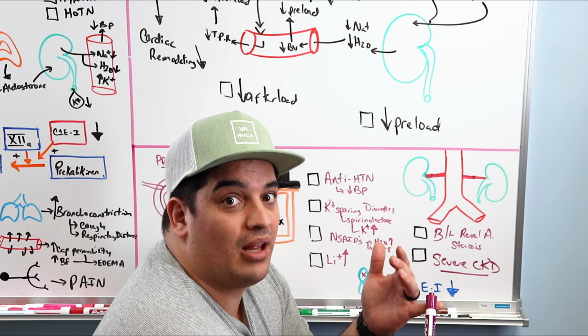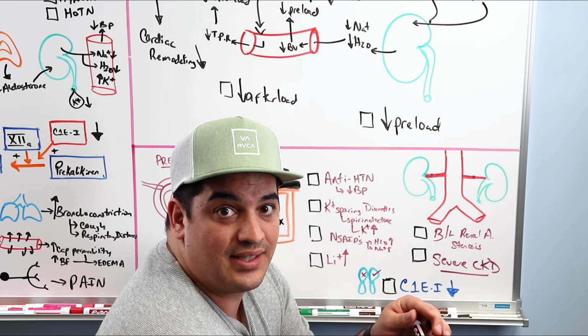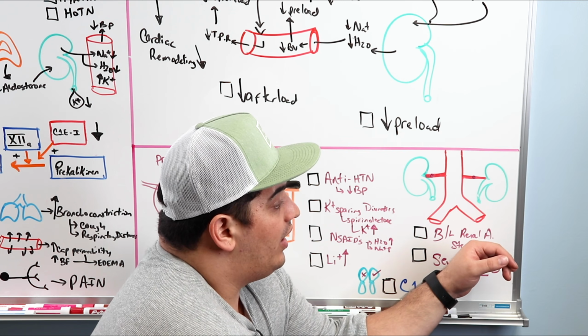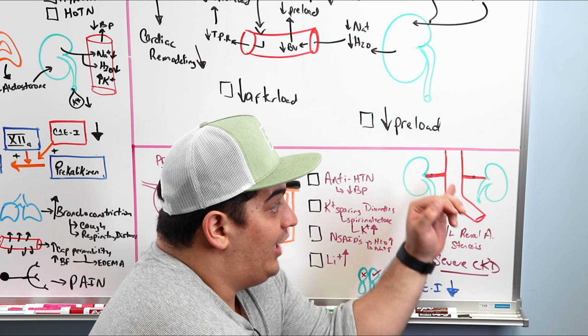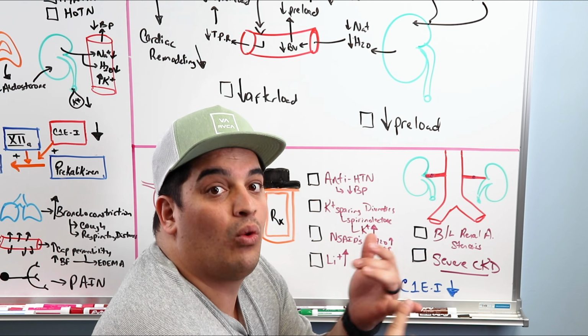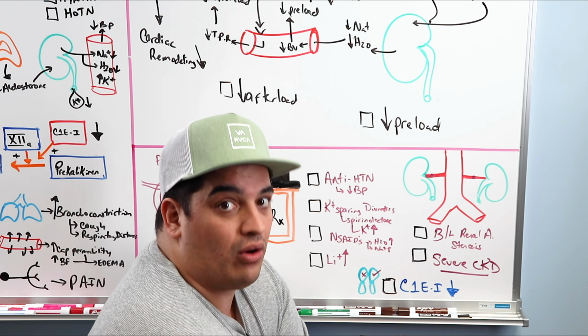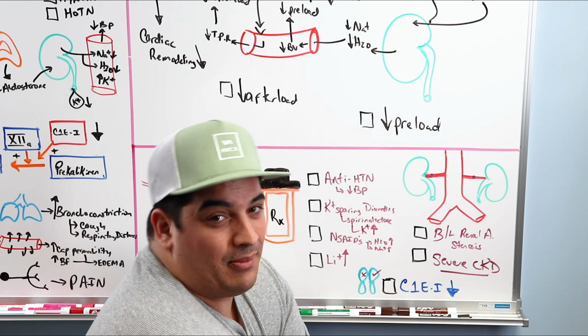That's decreasing blood volume. Less blood volume means technically less blood pressure and less perfusion through the kidneys. So if the kidneys aren't getting enough blood flow already, and you decrease their blood flow even more by giving them an ACE inhibitor or an ARB, it can worsen their already chronic kidney disease or worsen their renal artery stenosis. And that's not something that we want to do.